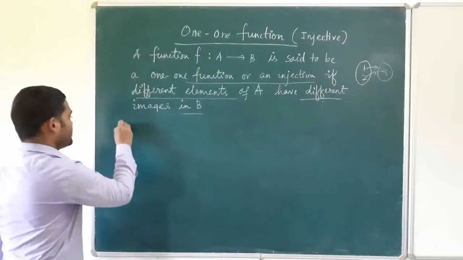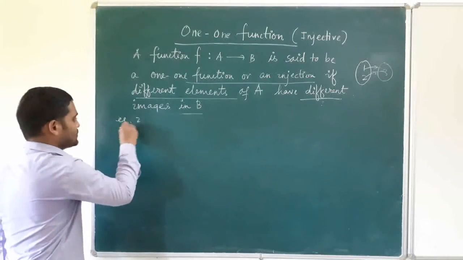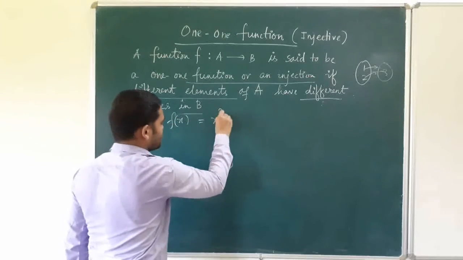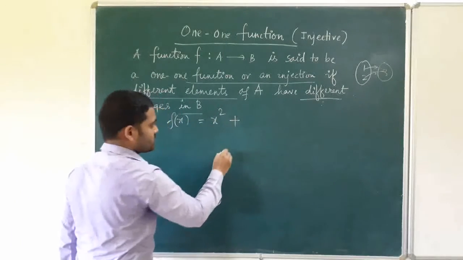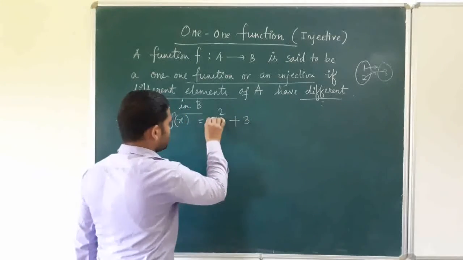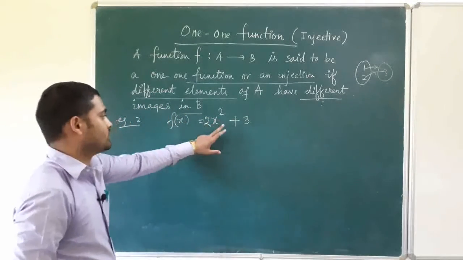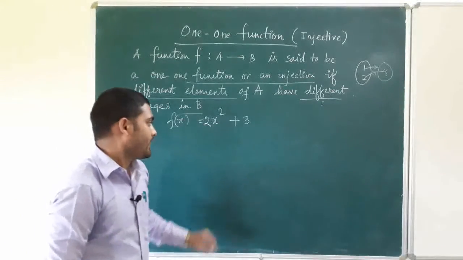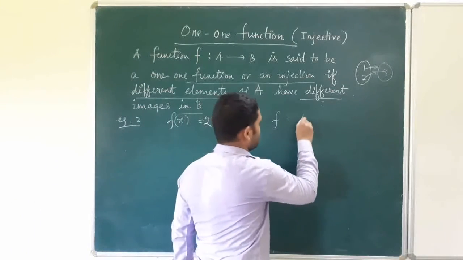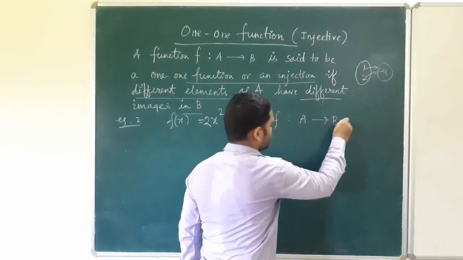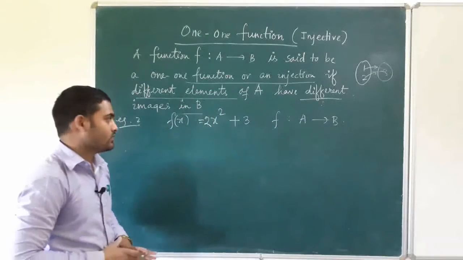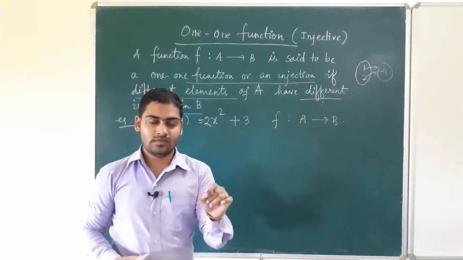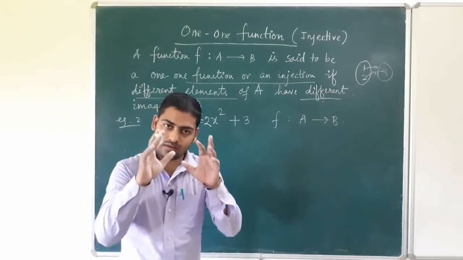Suppose I am taking another example too, that is f of x is equal to 2x square plus 3, and f is a mapping from A to B. How to check whether it is a 1-1 function or not?